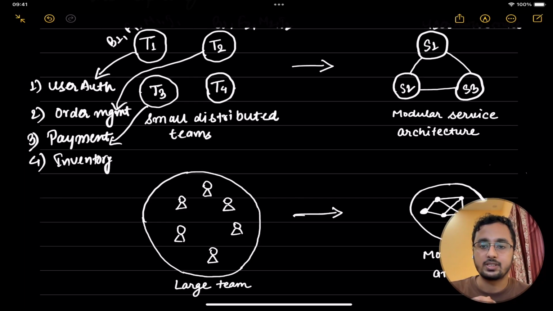As the code base grows and the number of people increases, people will start to step on each other's toes, right? Like, hey, I'm blocked because of that person, I'm blocked because of this person, because there is no clear boundary of work. In those cases, usually a monolith is the go-to architecture.